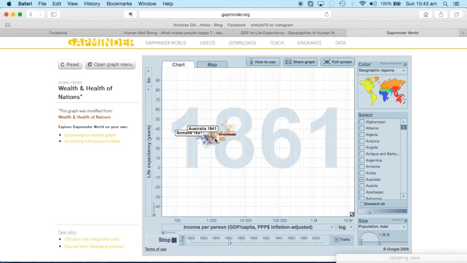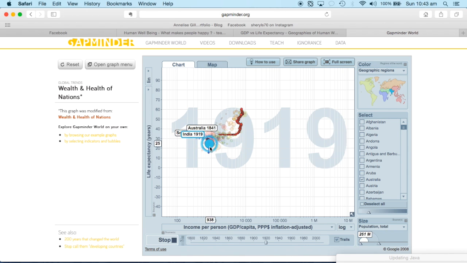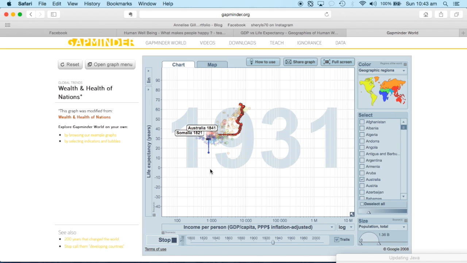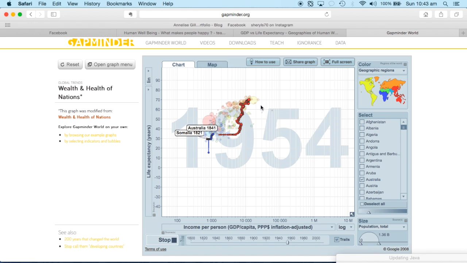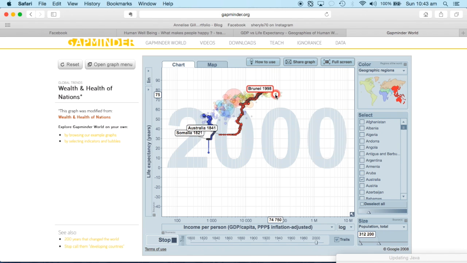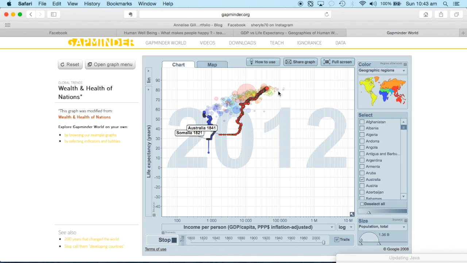we can see as Australia moves in this direction, it means that we're earning more money as a country. And you can see Somalia is staying in the same line, whereas Australia is gradually moving over towards a more financial situation.